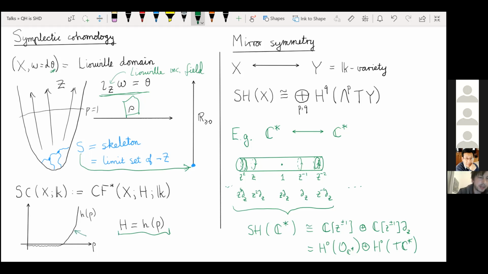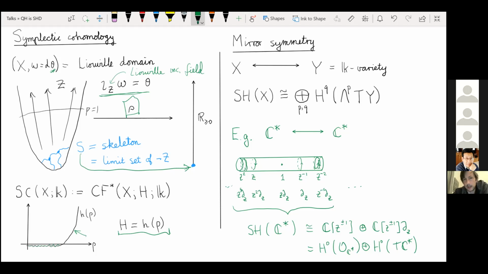Basically it's small near the skeleton, and then as you get further and further out, it goes to positive infinity. Then we take the Hamiltonian flow homology associated to this in the same way I said on the previous slide. And this is by definition the symplectic cohomology of X.